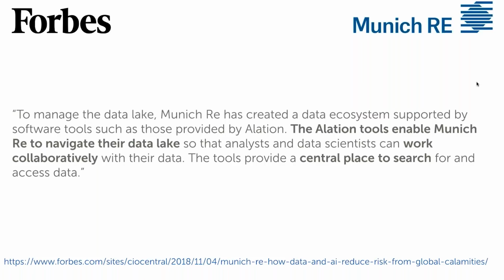So the quote here is that to manage the data lake, Munich Re has created a data ecosystem which is supported by Alation, which enables them to navigate their data lake so that analysts and data scientists can work collaboratively with their data. It's a central place for search and understanding of the data that lets them develop these great pipelines for different kinds of insurance to help people in the end, like we saw in the previous slides.